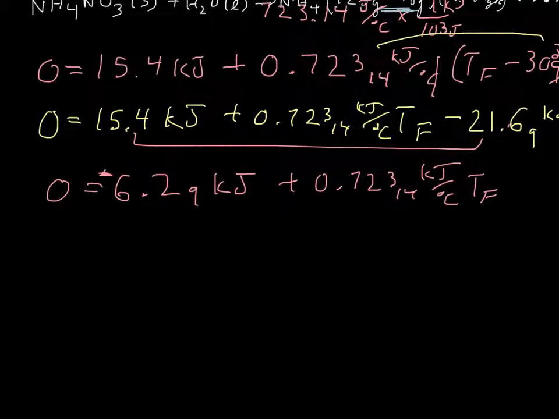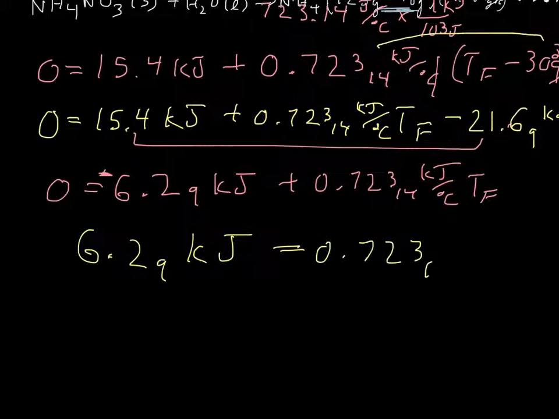And I need to get my temperature by itself, so I move my 6.29 to the other side of the equation, which changes the sign, equals 0.72314 kilojoules per degree Celsius times our final temperature. So we're going to divide both sides by 0.72314.